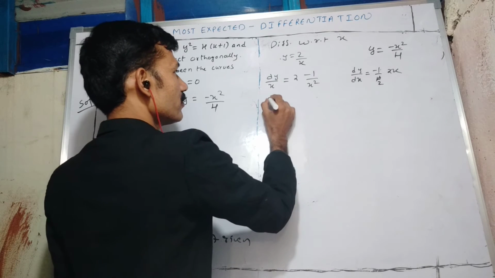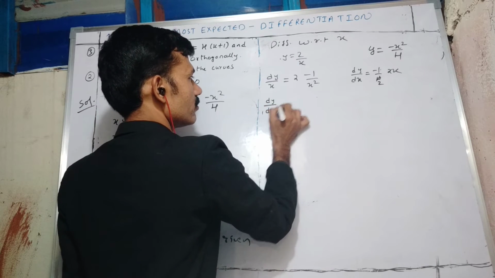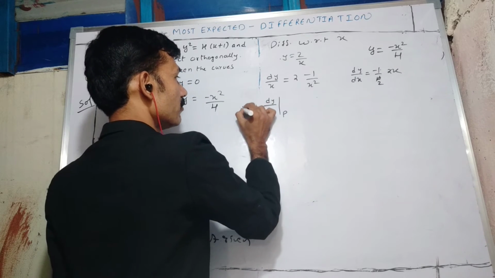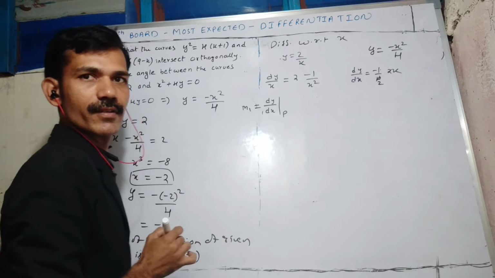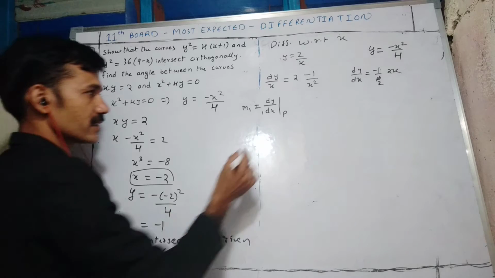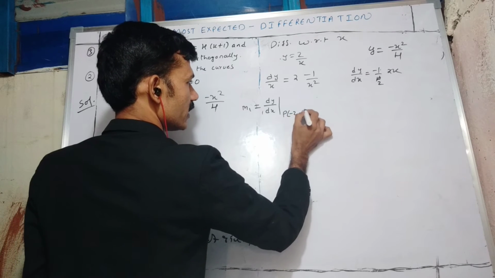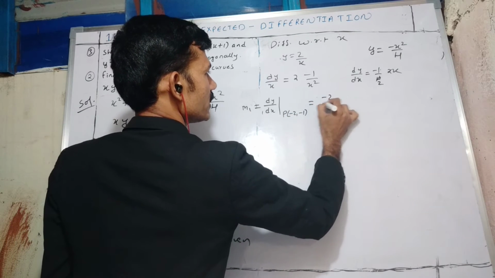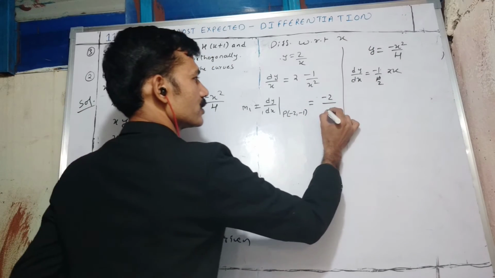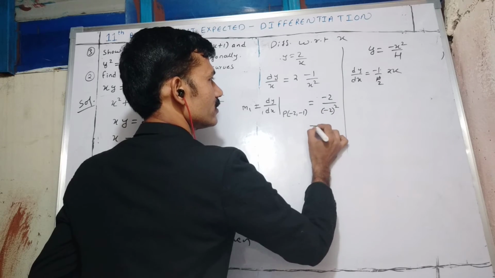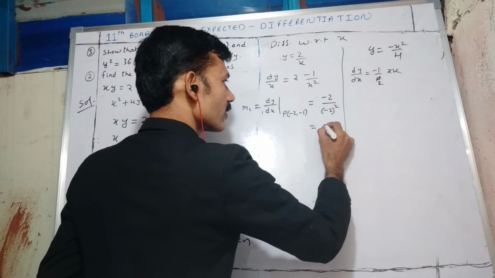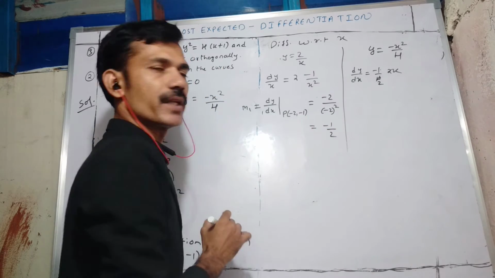Okay, now we have to find the slope at P. This slope we can denote with m1. At P, we already found the P coordinates, that is minus 2 comma minus 1. So minus 2 upon x square we are having. X is minus 2 whole square. So what we are going to get? Minus 2 upon 4 means minus half we are going to get.